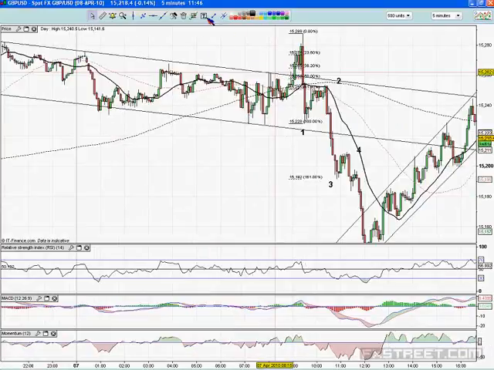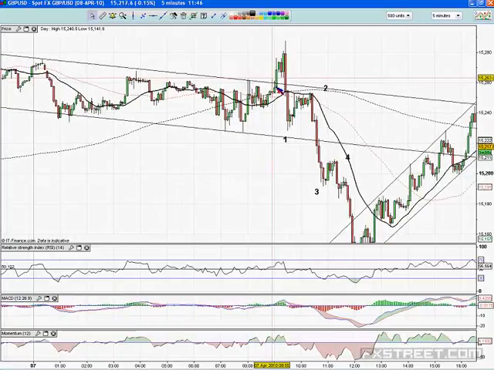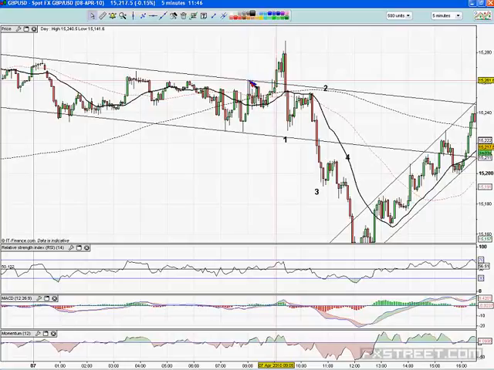So I've got my channel. I break the high, which is the previous high here, so I'm entered just on the break of this high. I've got a trigger to open.